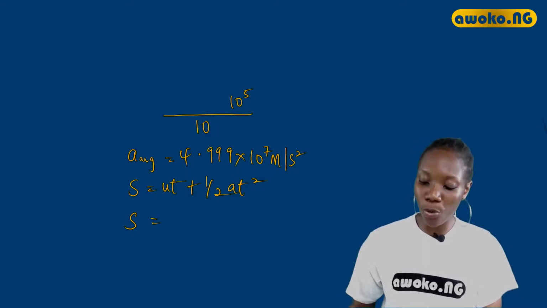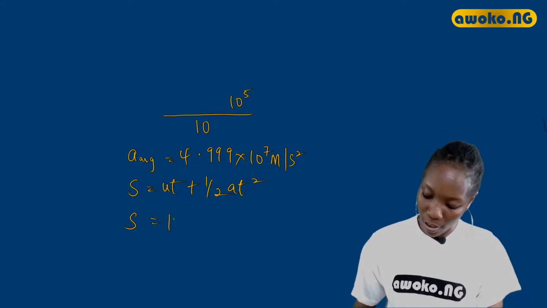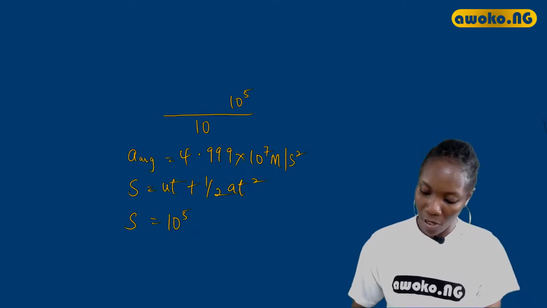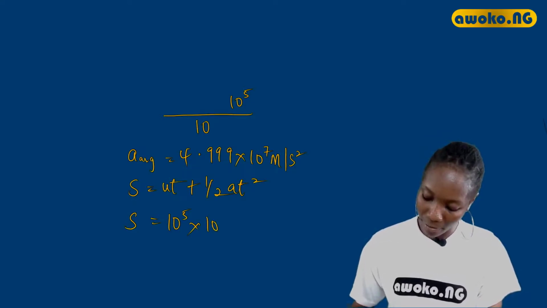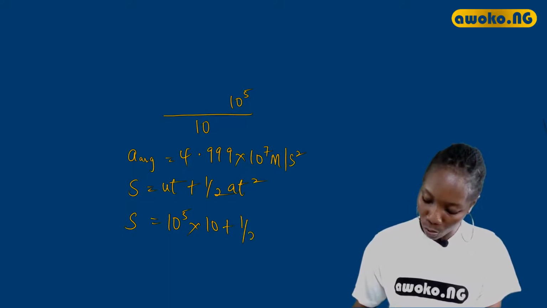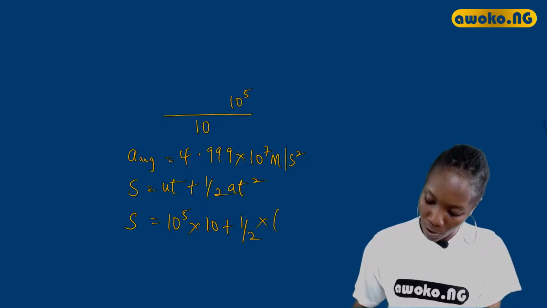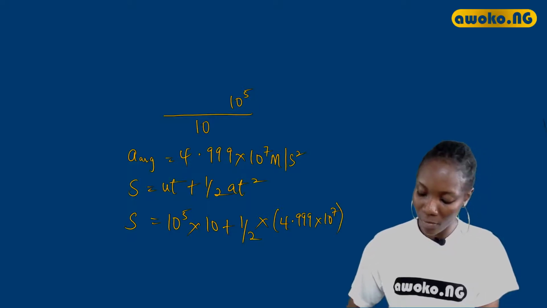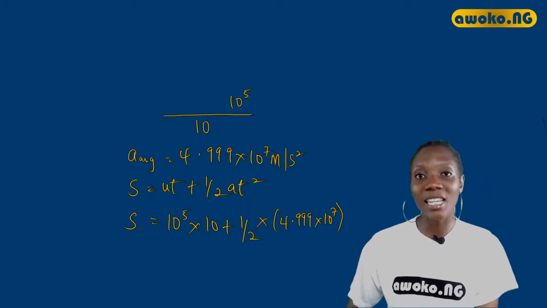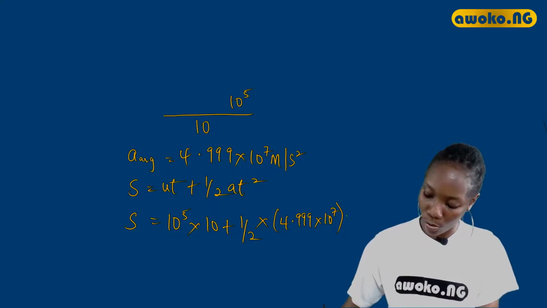So our u is given to us as 10 raised to the power of 5 times time 10, plus 1 over 2 times the acceleration, which we got to be 4.999 times 10 raised to the power of 7, times t squared. So times 10 squared.